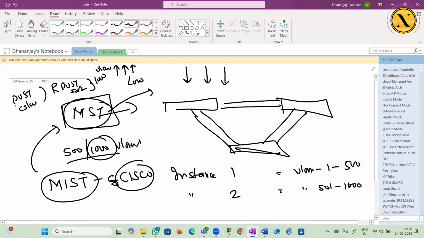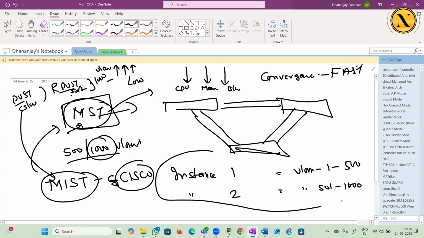That is PVST or rapid PVST, slow or fast, whatever. But as compared to that, they came out with MST, multiple spanning tree. Now CPU cycles will come down, memory will come down, and bandwidth will also come down, but convergence will still remain fast. Got it? That is MST.